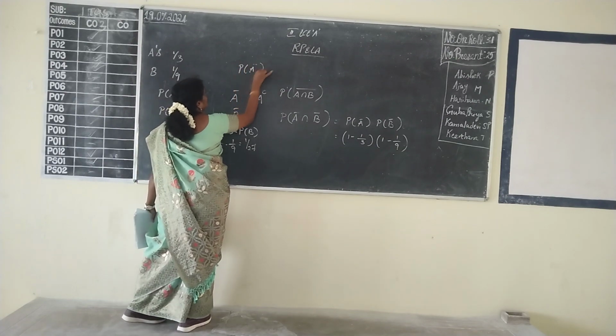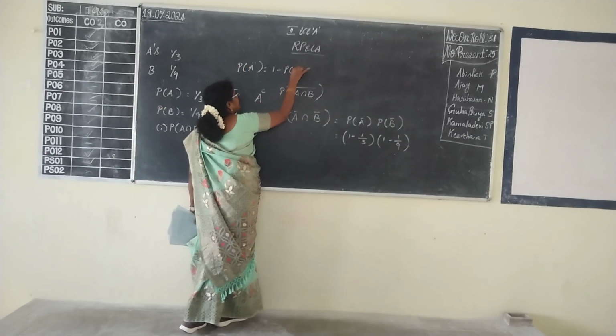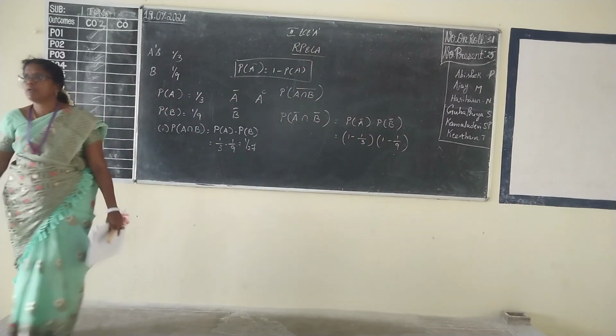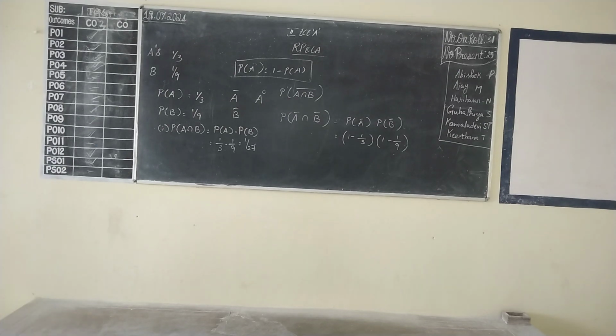Probability of A bar is equal to 1 minus P of A, the complementary. Find the answer. 0.986. Everyone same answer? Third decimal place. Any doubt?